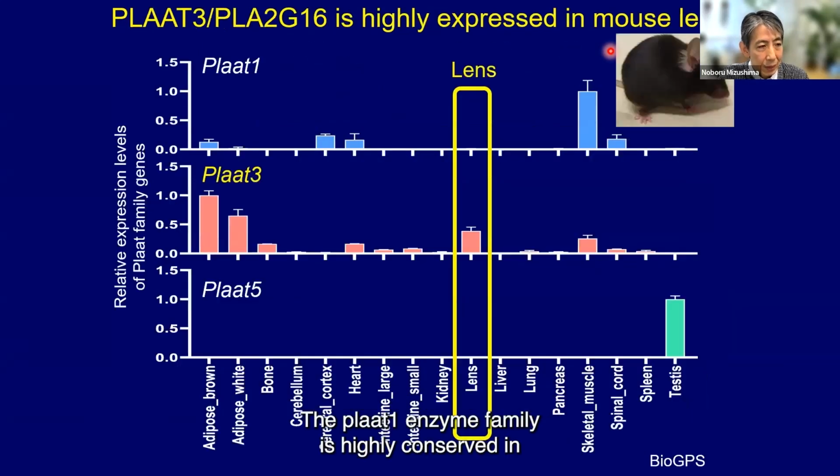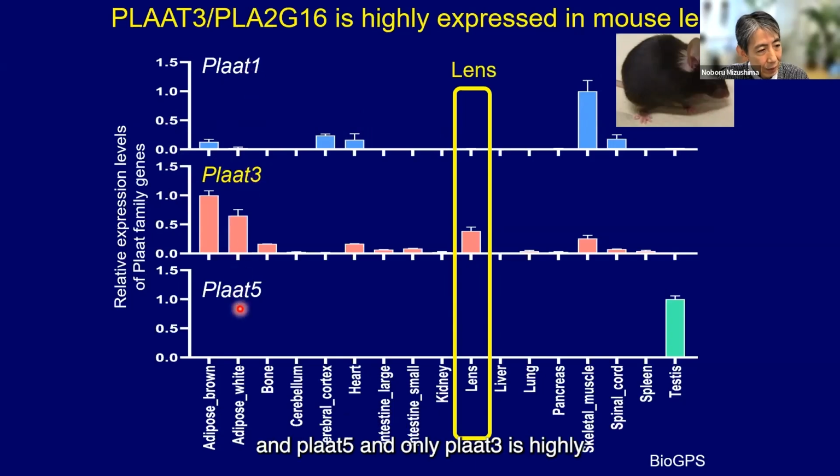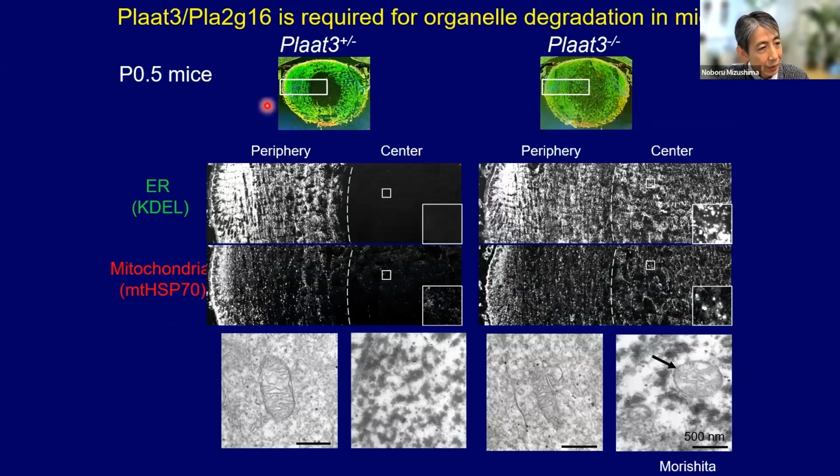The PLAAT enzyme family is highly conserved in vertebrates. Mice have 3 homologs, PLAAT1, 3, and 5, and only PLAAT3 is highly expressed in the lens. So we made PLAAT3 knockout mice. This is a control experiment using heterozygous mice at postnatal day 0.5.